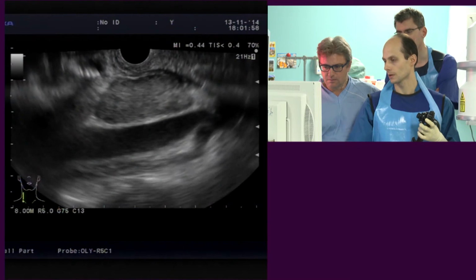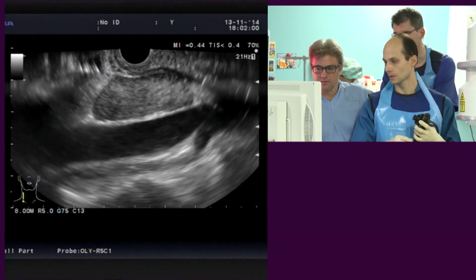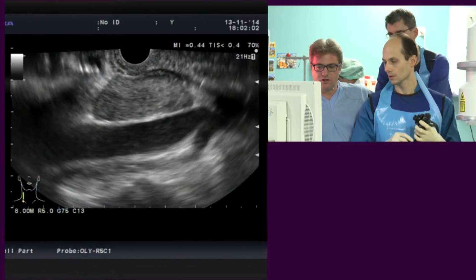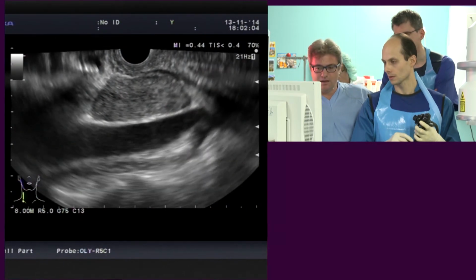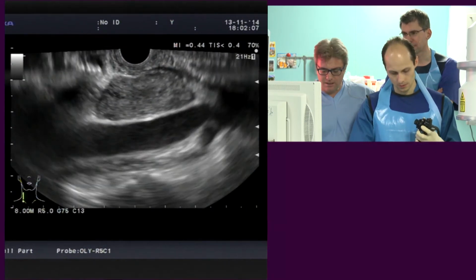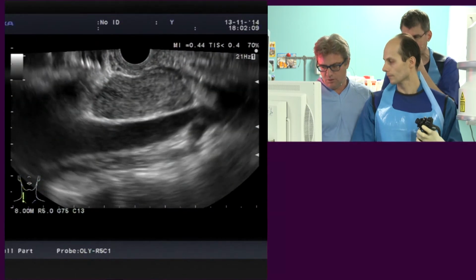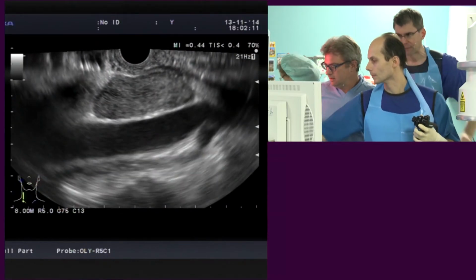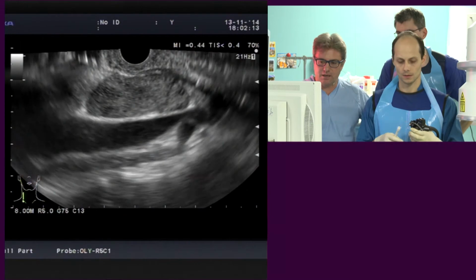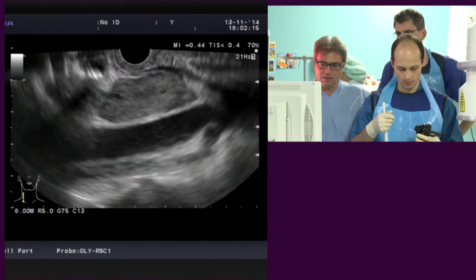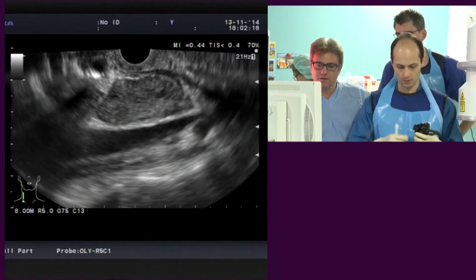What would you say about the echo features when looking at malignancy? So it's not rounded. What you look at is the dimension: greater than 1 centimeter, anechoic, rounded, with rounded margins. This one is not rounded.